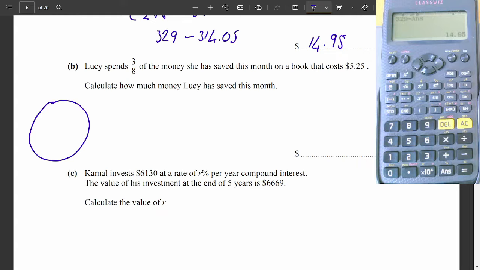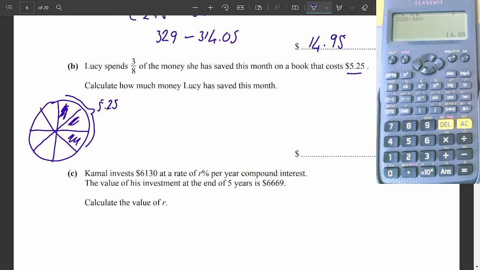We are going to divide this pizza into 8 parts. There we go. And this $5.25 amounts to 3/8 of the pizza.